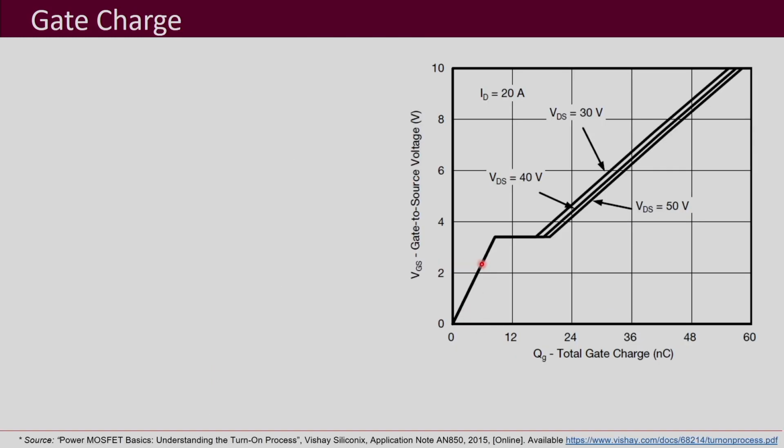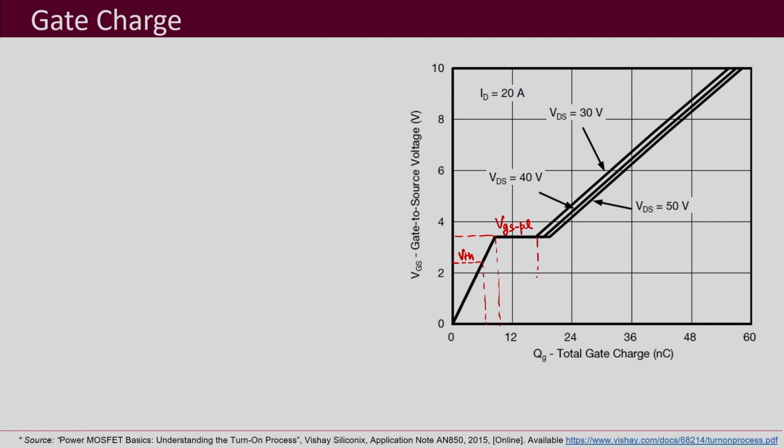So, here it reaches the threshold voltage VTH, and then further over here it reaches the Miller plateau voltage, which we are naming VGS-PL.